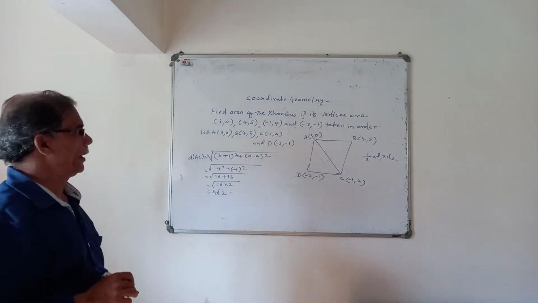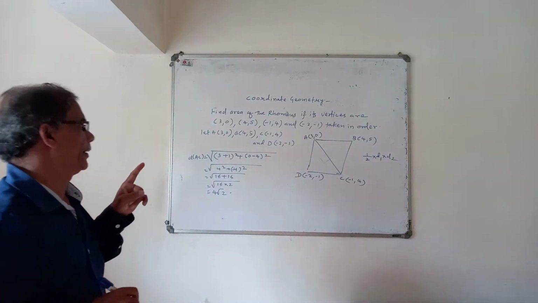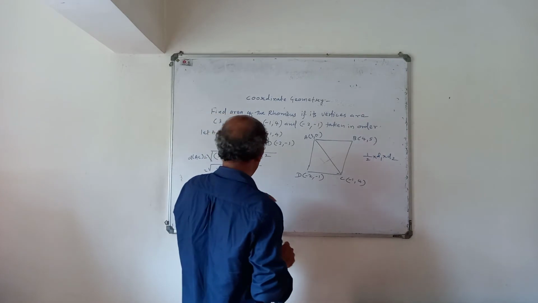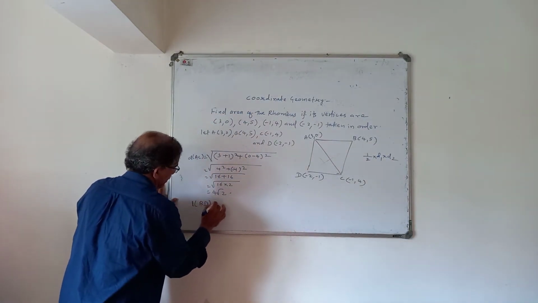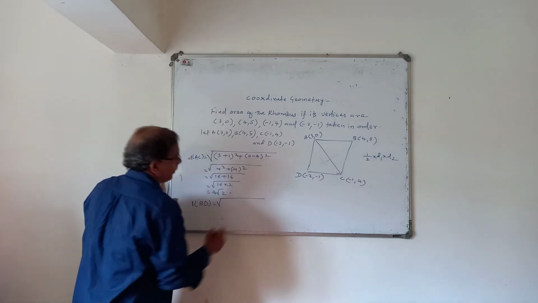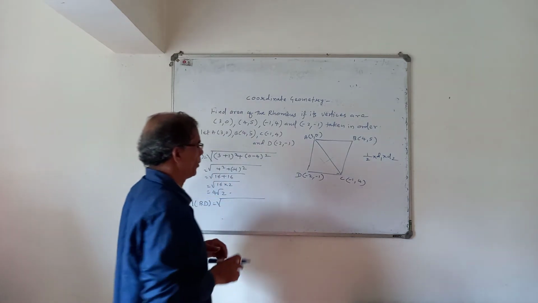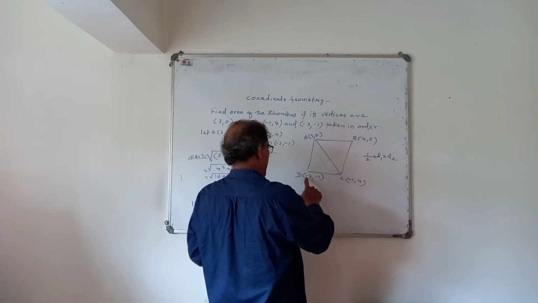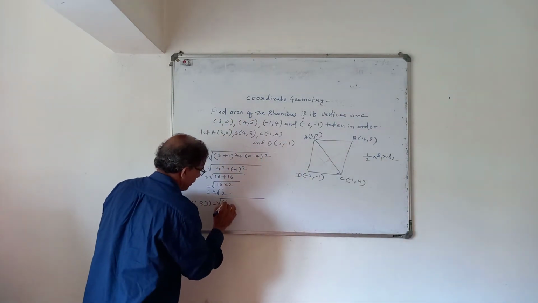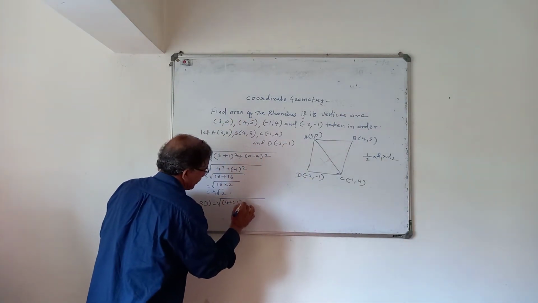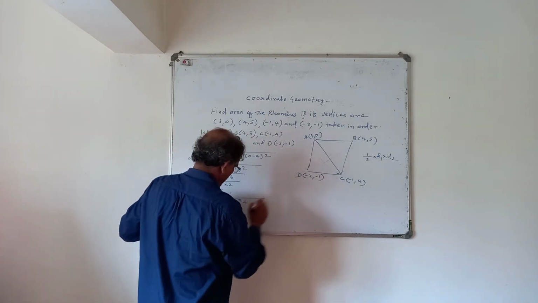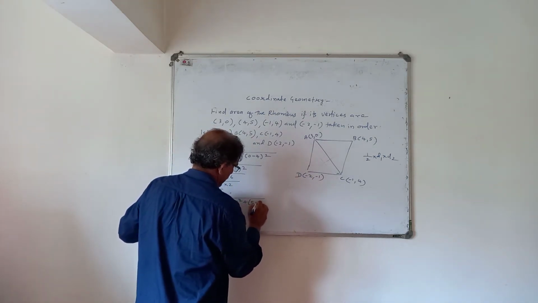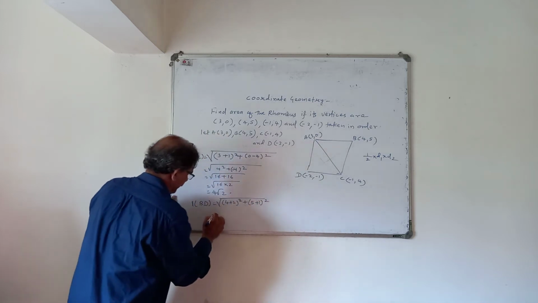Now we have to calculate what? Length of other diagonal, which is what? BD. Now length BD is equal to root of, again, difference of x coordinate. So 4 minus 2 means 4 plus 2 whole square plus 5, this is minus 1 means 5 plus 1 whole square.